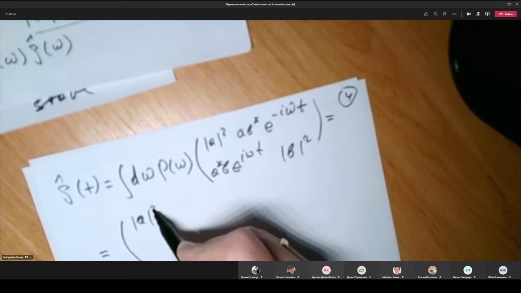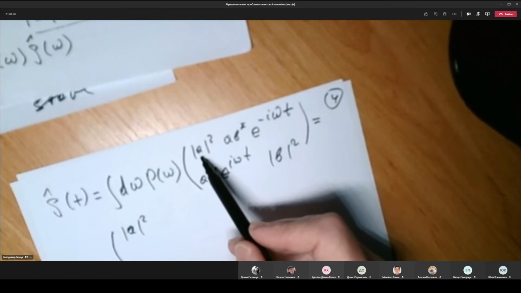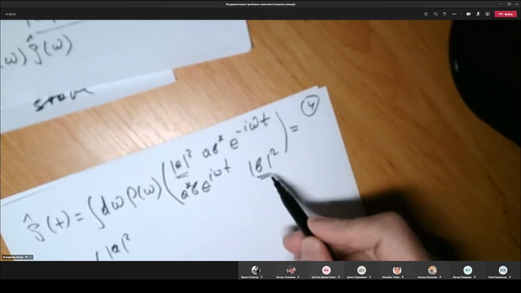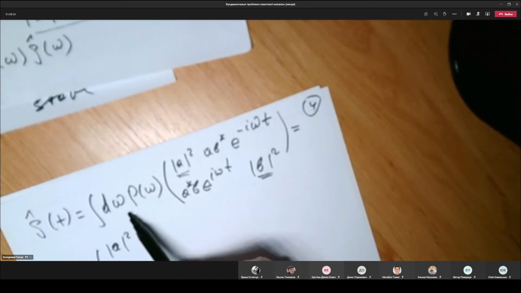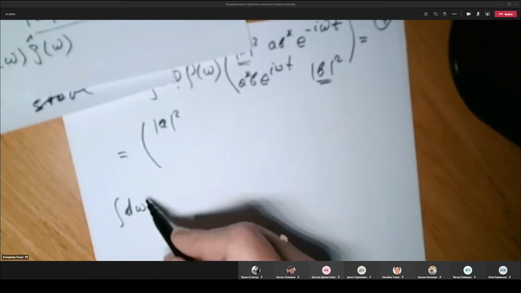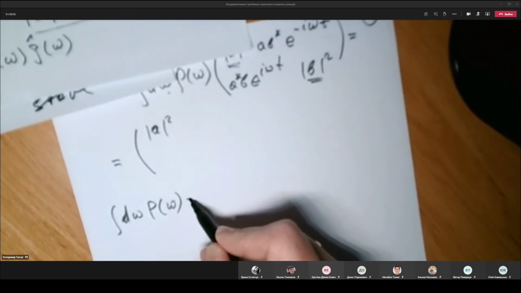It will be a squared. This first element of the matrix does not depend on magnetic field, this one and this one. And as a result of integration over omega, we obtain 1, because the integral of the distribution function is 1.